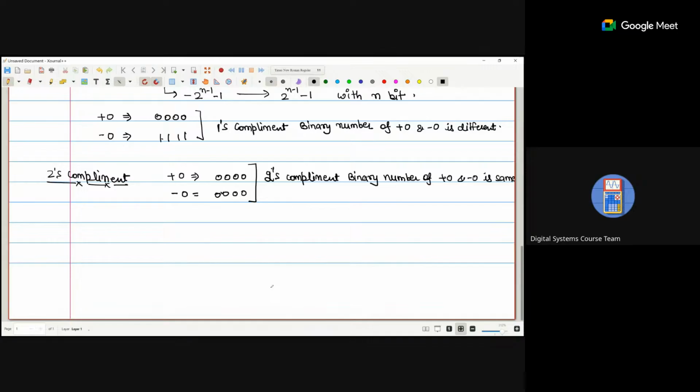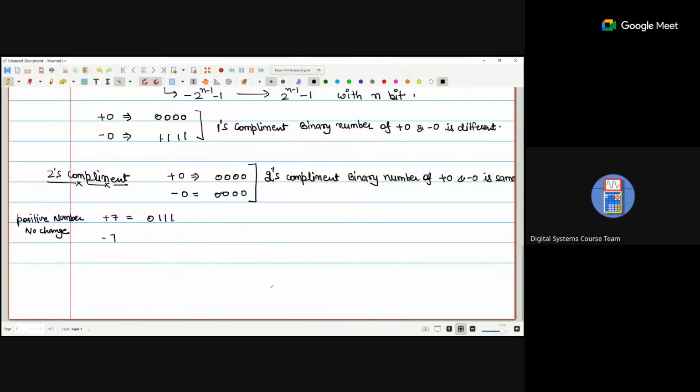Now, if I write plus 7, a positive number, there is no change. So plus 7 is 0 1 1 1.